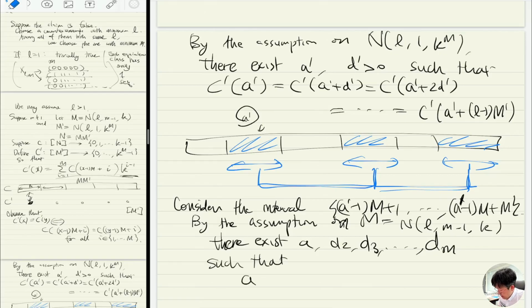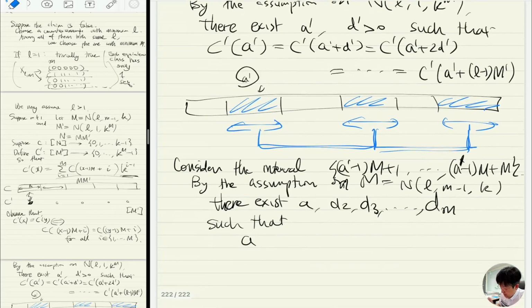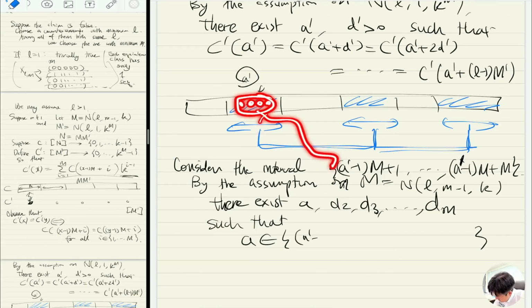such that a is in this interval. So what I got is that inside here I can find such a thing.